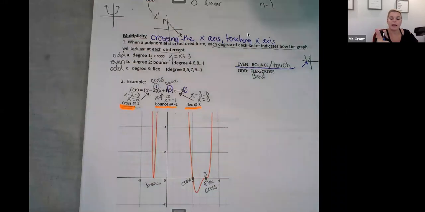So I found my x-intercepts by setting each parentheses equal to 0. And then I was able to tell by the exponent of my parentheses, does it cross? Does it bounce? That's what multiplicity is.